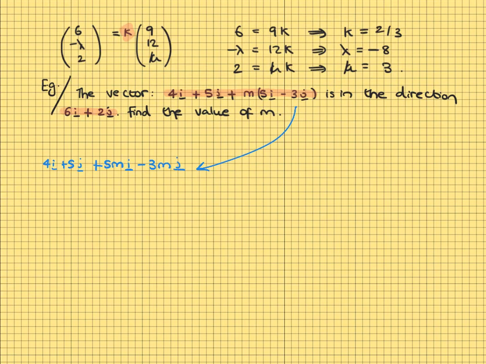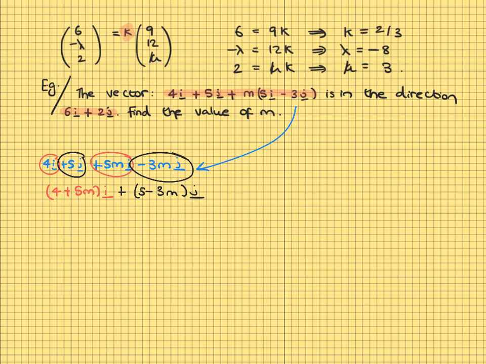So we can combine the i components here and here and almost factorise out the i part. So we've got (4 plus 5m)i, and we can do the same here with the j components as well. So we have plus (5 minus 3m)j, which makes that vector a little bit clearer.